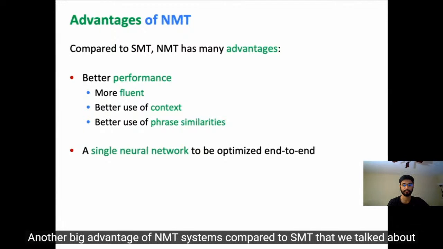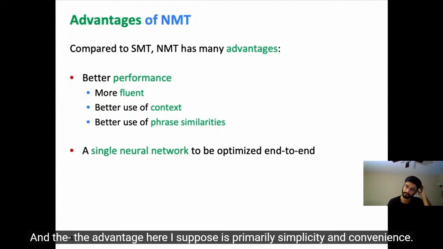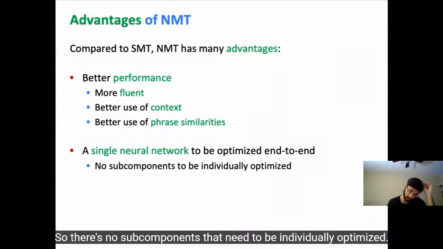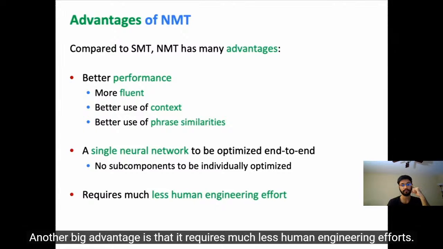Another big advantage of NMT systems compared to SMT that we talked about before is that it's a single neural network that can be optimized end-to-end. And the advantage here, I suppose, is primarily simplicity and convenience. So there's no subcomponents that need to be individually optimized. Another big advantage is that it requires much less human engineering effort.